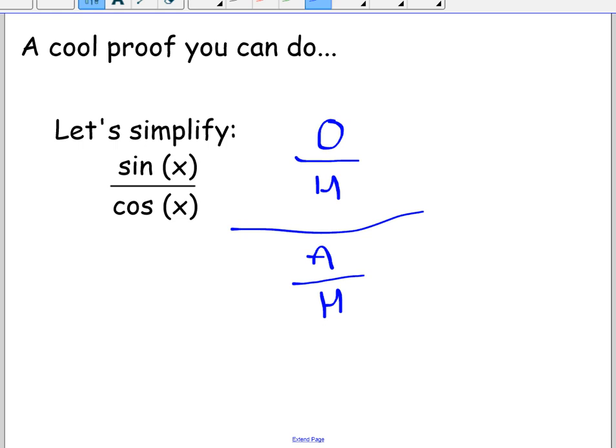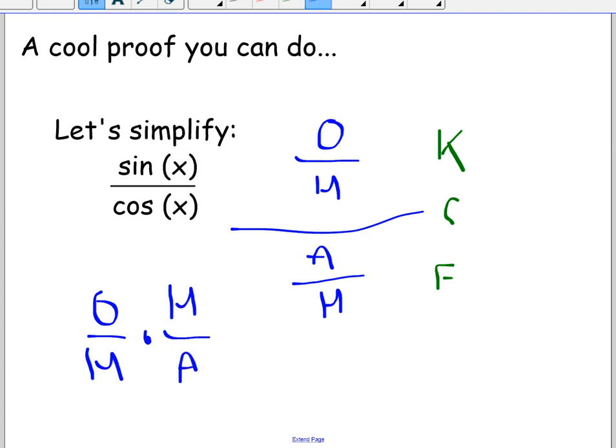So we've got a fraction divided by a fraction. What do we do when we're dividing a fraction by a fraction? Keep, change, flip. We're going to keep our opposite over hypotenuse. We're going to change from division to multiplication. And we are going to flip adjacent over hypotenuse to be hypotenuse over adjacent.